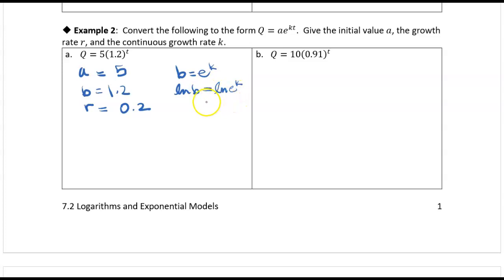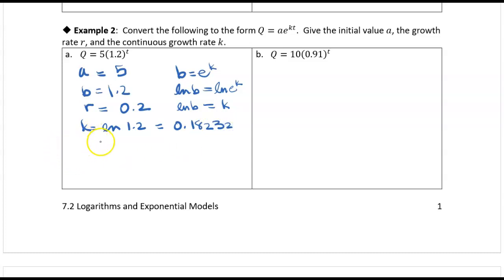The natural log of e to the k is k. So k is the natural log of b. So let's say k equals the natural log of 1.2. When I do that, what do I get? I got 0.1823.